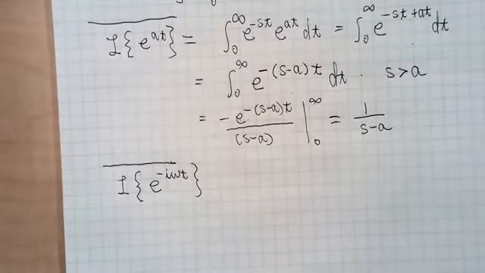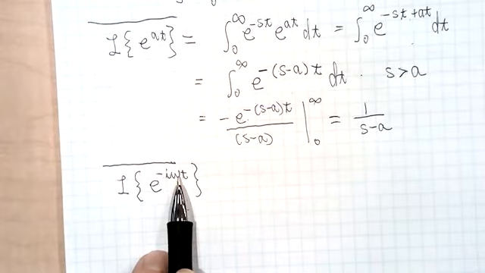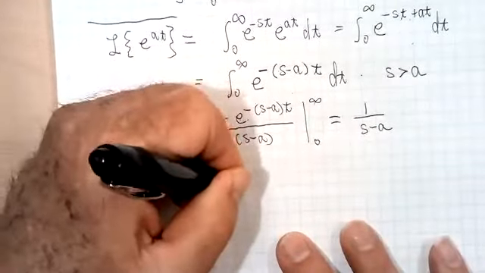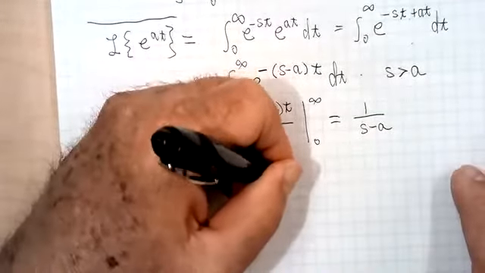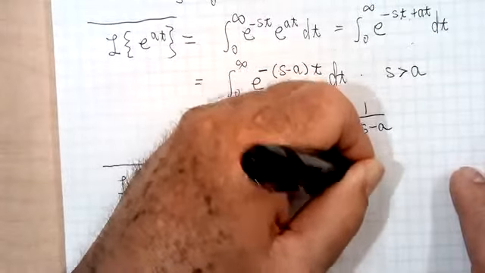That would be a really good idea, because we know that e to the i theta is cosine theta plus i sine theta. So this is the same as the transform of cosine omega t plus i sine omega t.